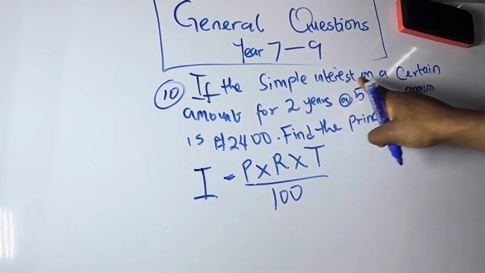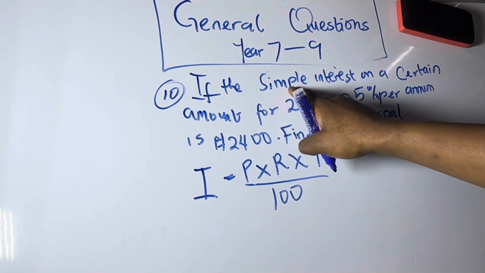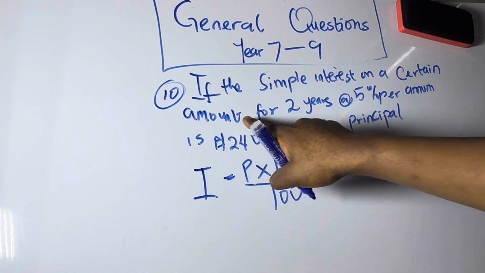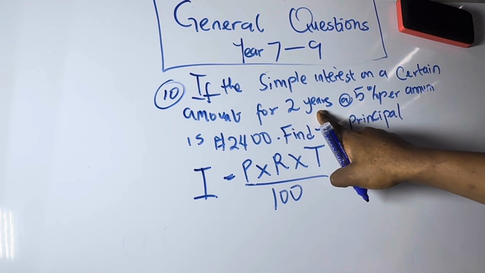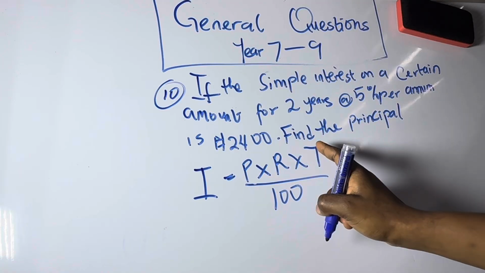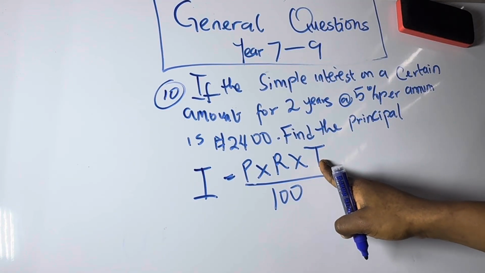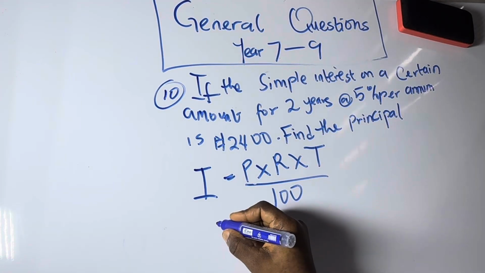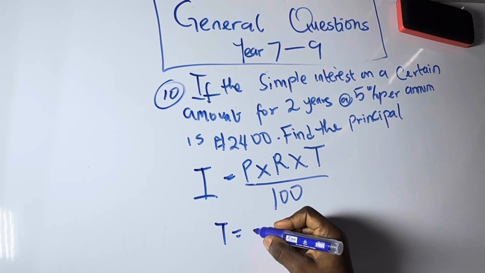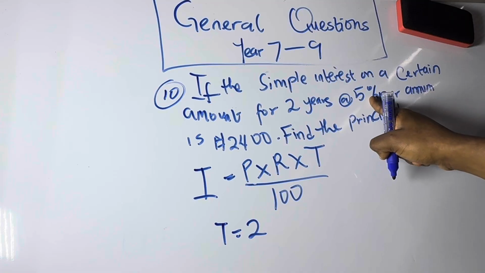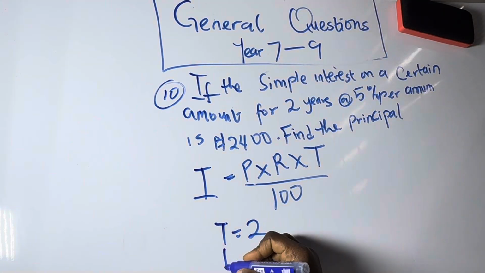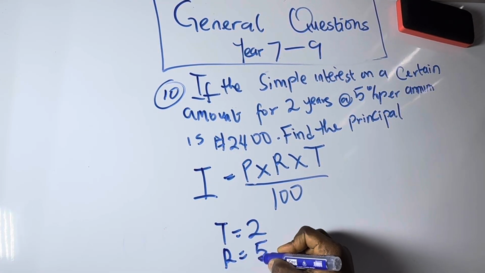Now, let's go back to the question. If the simple interest on a certain amount for 2 years, that's the time. That means T equals 2, which is time. At 5% per annum, the rate is 5%.